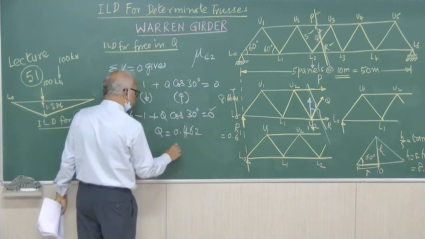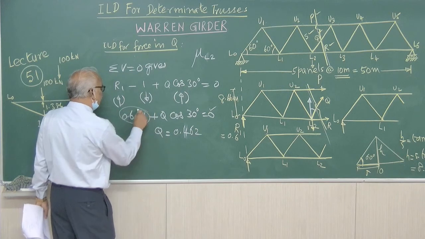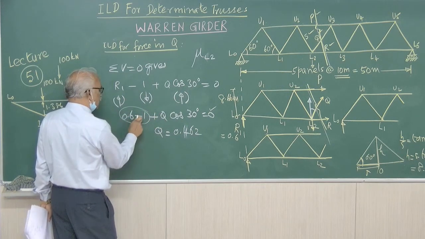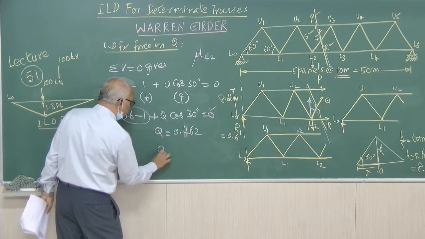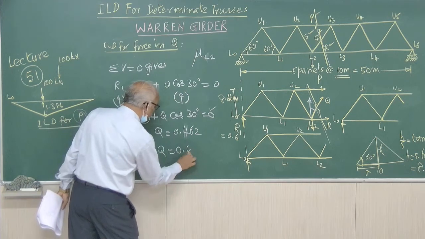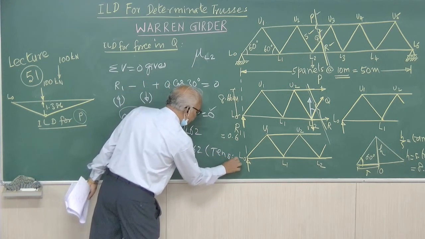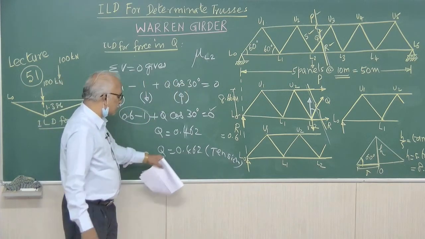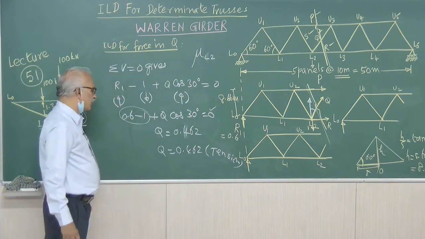So that means you are getting it with the plus sign, because when this is taken to the right hand side, minus 0.6 plus 1, that on calculation will give you 0.462. Therefore, Q is 0.462 tension. You are getting it with the plus sign. We have assumed it as tensile. Because it is tensile, we are getting it with the positive sign. That's all. So, positive. Right.